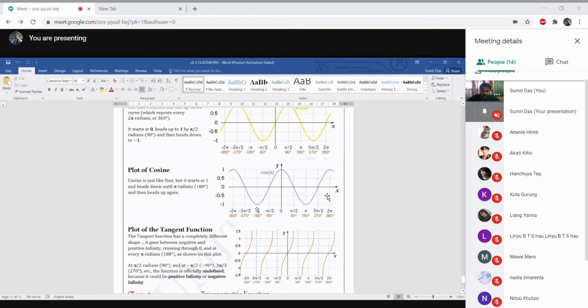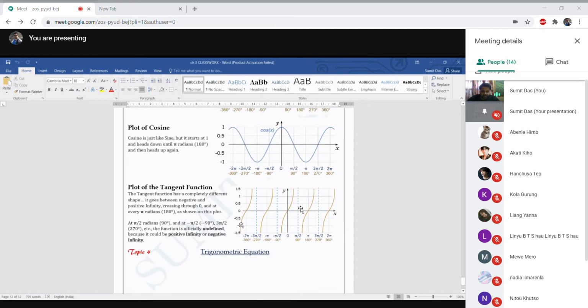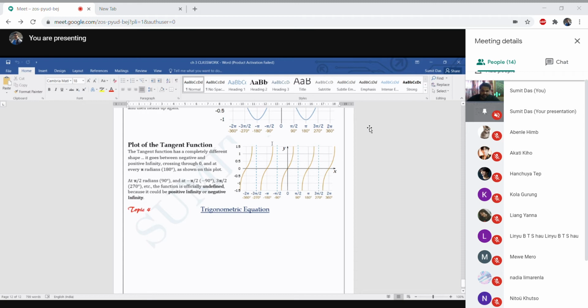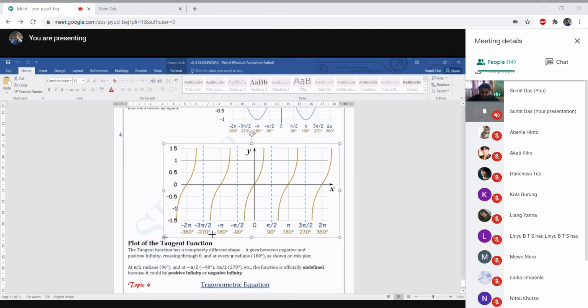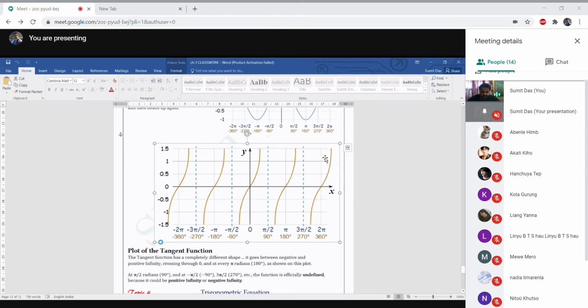Now the tangent curve is a little bit difficult. Let me show you the tangent curve. Tan 0 degree we know is 0, right? And we know that tan 90 degree or tan -90 degree are undefined, right? So look, when this curve is going toward pi by 2, it's not touching pi by 2.